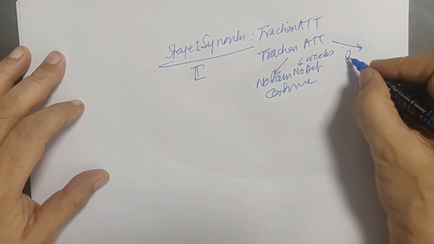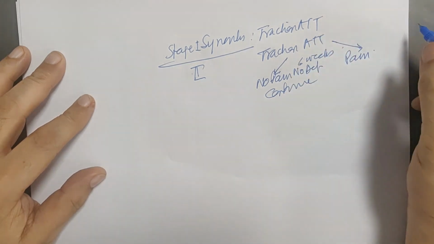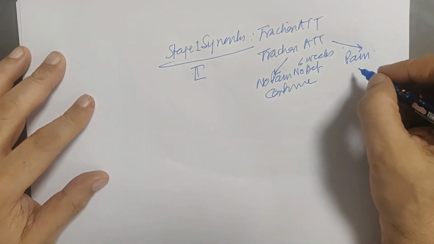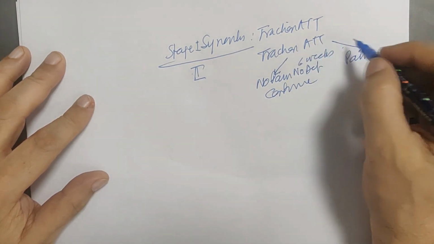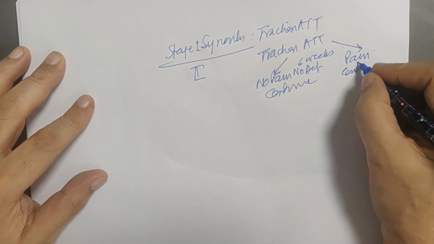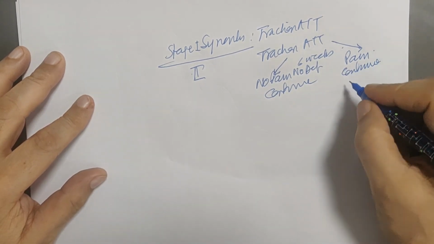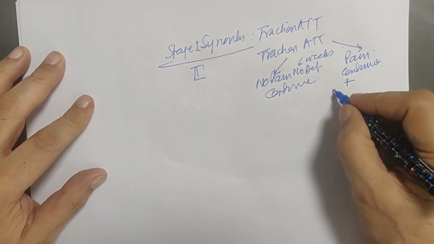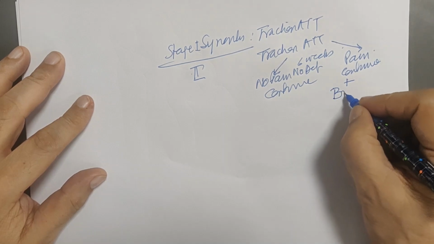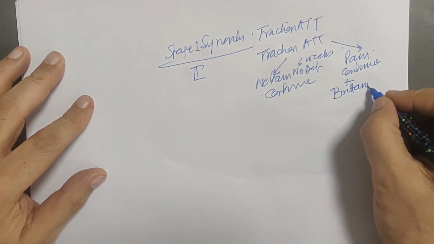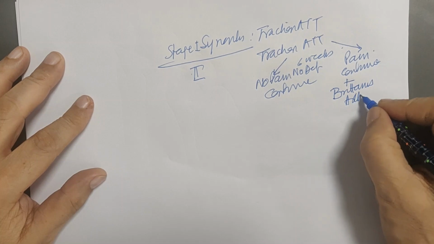If there is pain after 6 weeks, then it is continue plus fusion of the hip, which is by Britton's arthrodesis.